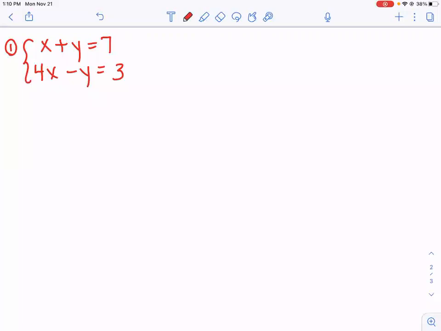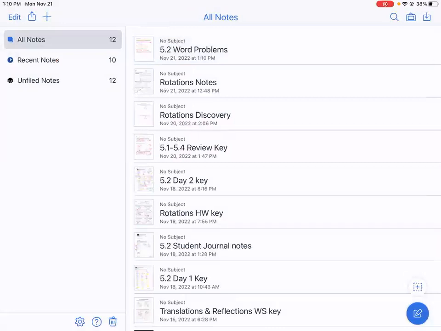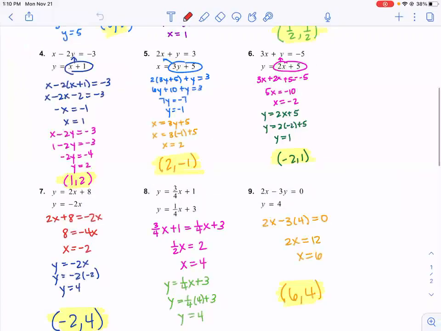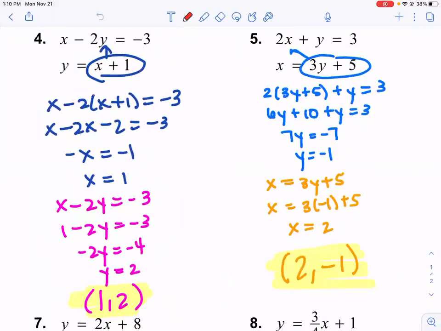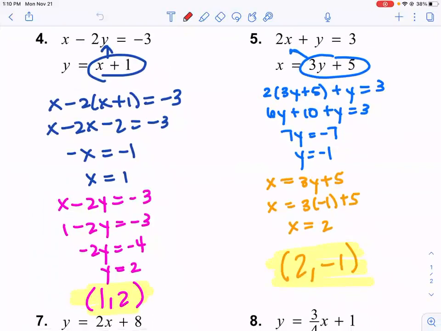Now, let's talk about how this one differs a little bit from some of the ones from yesterday's homework. In yesterday's homework, we had problems where y was by itself or x was by itself, and we could do the substitution right away.